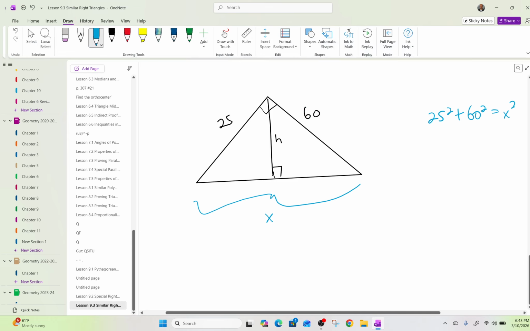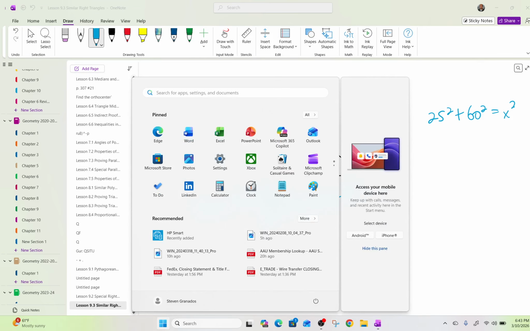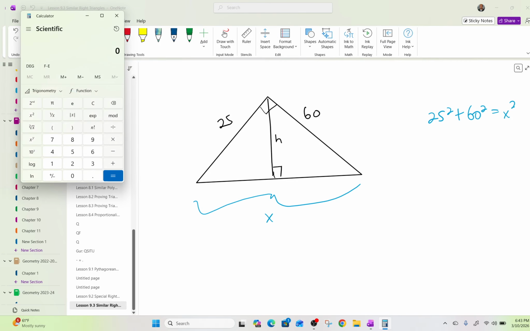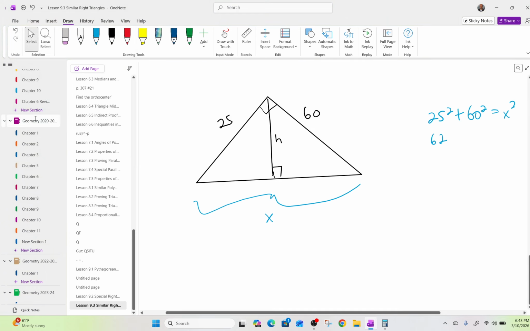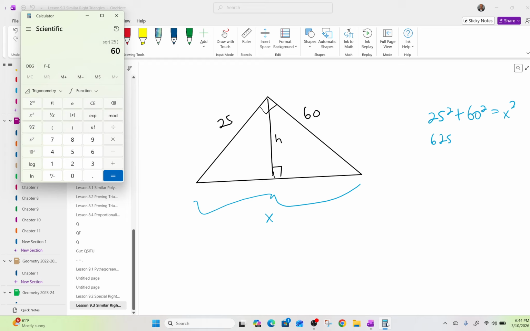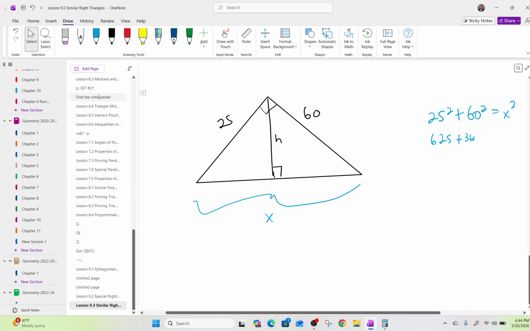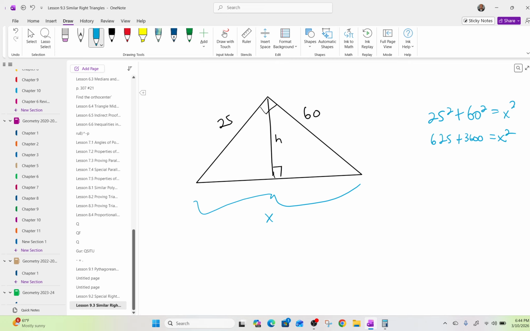All right. And of course, I'm going to show you guys on a calculator. 25 squared, 625. And 60 squared is 3,600. And that's x squared.